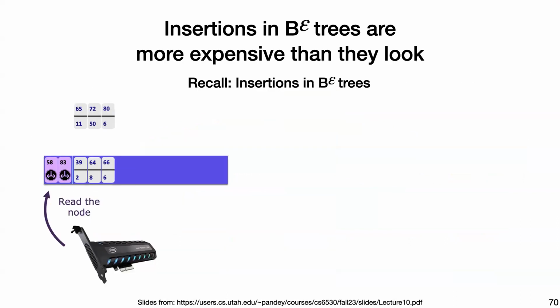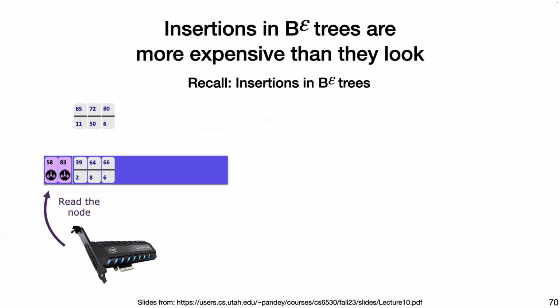Okay, so one more thing that I want to talk about for now is some costs of B to the epsilon trees that don't show up in the asymptotics, but actually matter when you do the implementation. So recall, when you do the insertion in the B epsilon tree, you have this buffering thing, and let's say this is your node, and now you get some new elements coming in, and you have to write your elements into your buffer.